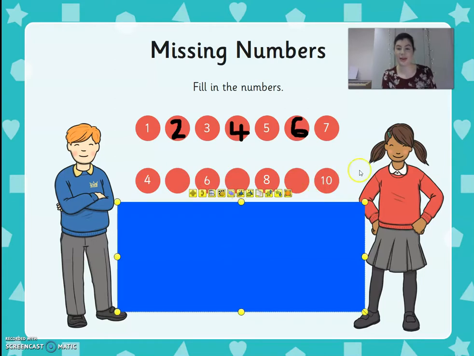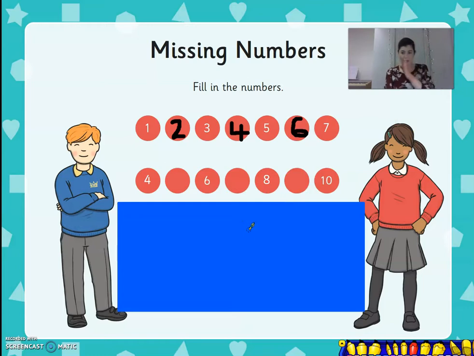This is our next one. Now, not all of them are going to start at 1, so we've got to start wherever it starts. So this time we're starting at the number 4. So it's still going to be going up. So 4, 1 more than 4 is 5. Absolutely. Let's put in a number 5. 4, 5, 6.